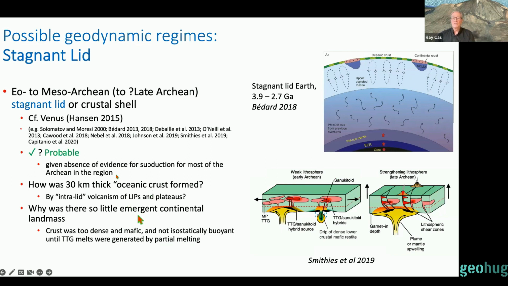There was no real emergent continental landmass at the time.